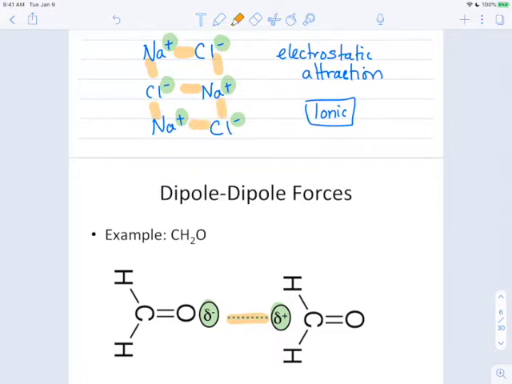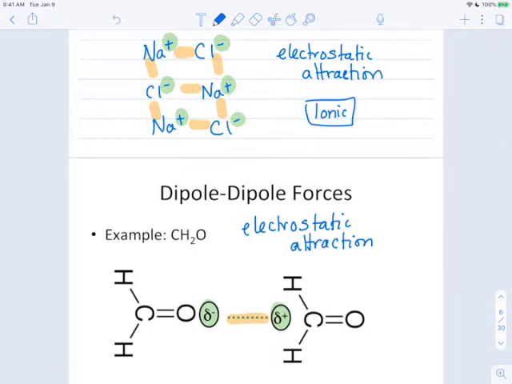The difference is it's just not as strong as the ionic compound, but it is still electrostatic attraction. So it is still a positive and a negative being attracted to each other's charge, but here, because it's a partial charge, it is now a dipole-dipole force rather than an ionic bond. So again, exact same thing, just not as strong because we don't have a full charge.